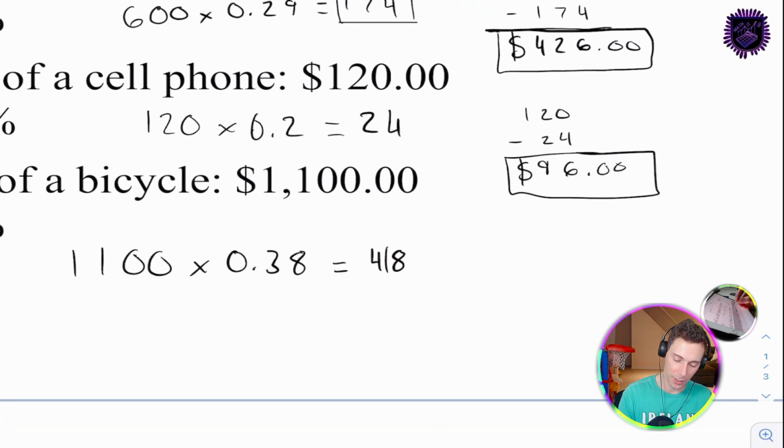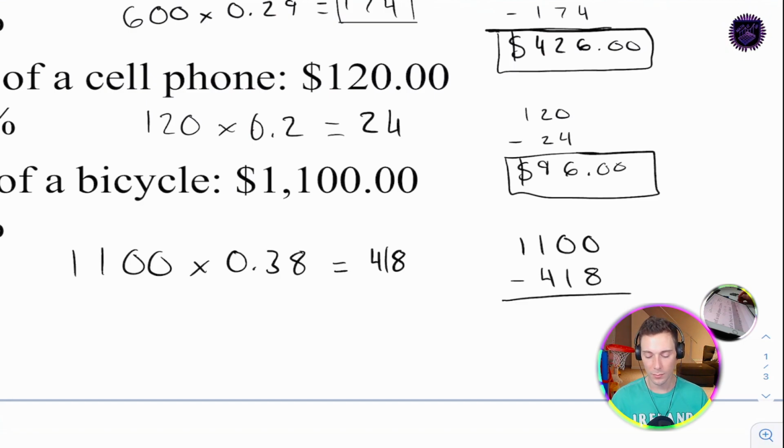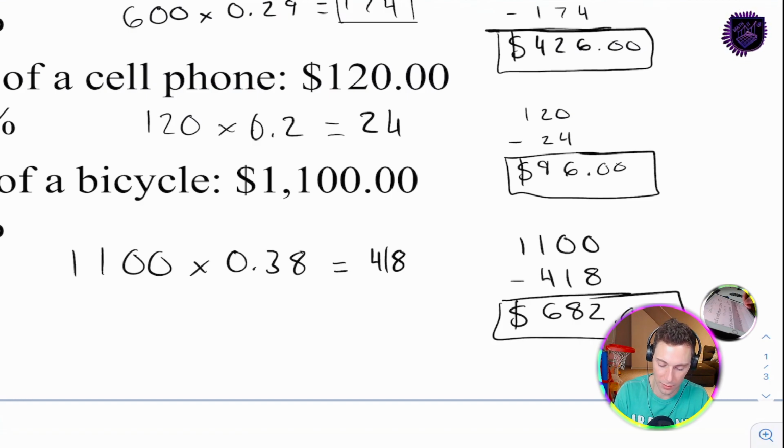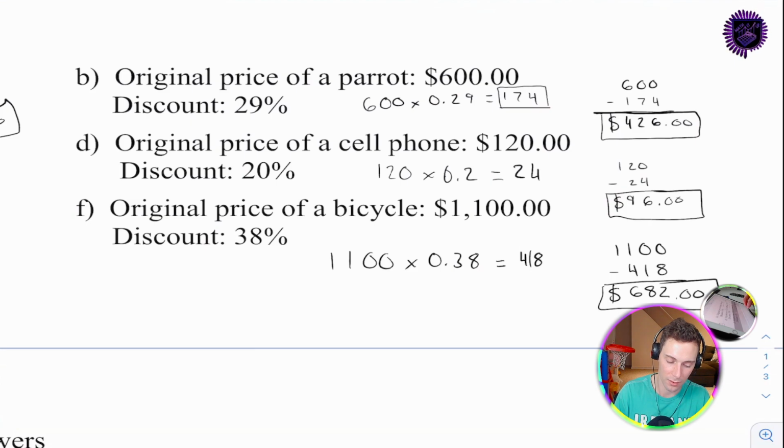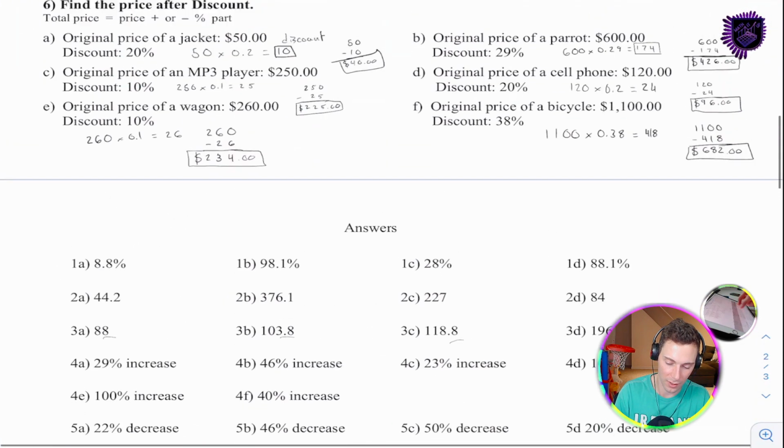Our final price is going to be $1,100 minus 418. So 1,100 minus 400 is going to be 700. 700 minus 18, 682. $682. Final price after everything. 6F will be our last one, 682.